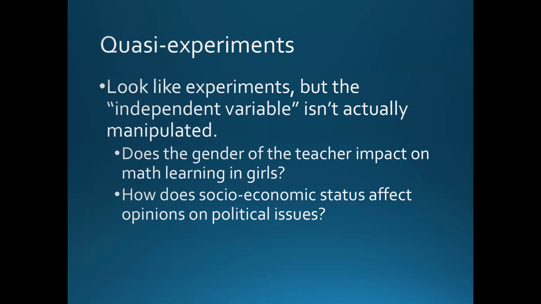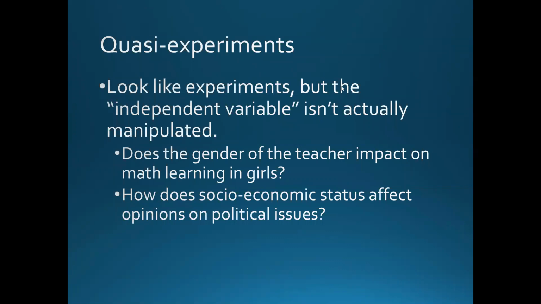I don't have the money to put people into higher socioeconomic status. You can't physically change that. I can have groups of people with low socioeconomic status and high socioeconomic status, but I can't physically manipulate that variable. Therefore, it's a quasi-experiment. So it looks like an experiment, but your independent variable can't be manipulated.